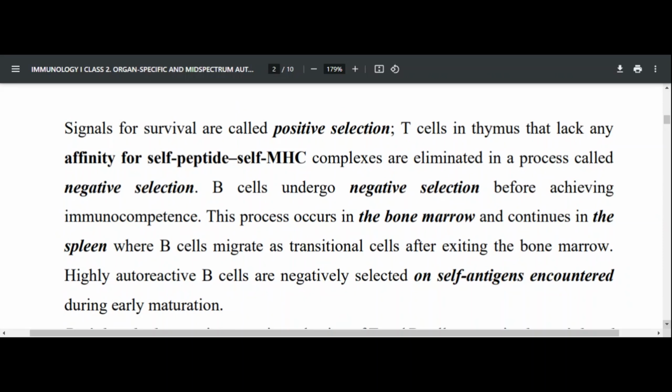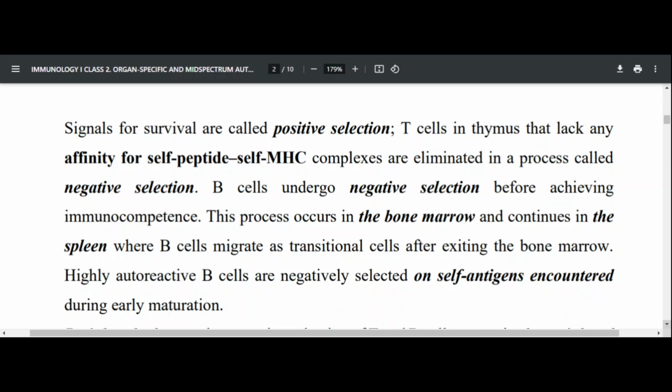So it will receive a command, which we call a signal for survival. It means the cell is not going to be destroyed, but is going to proceed through the maturation process.